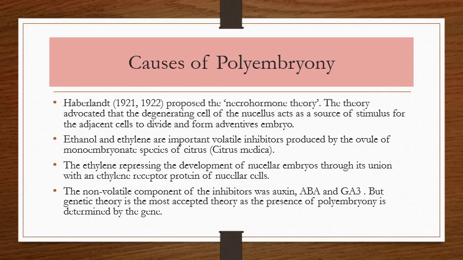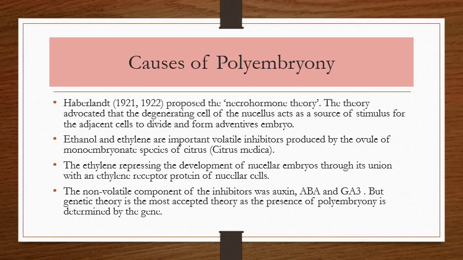The ethylene, among other substances, could be repressing the development of nucellar embryos through its union with an ethylene receptor protein of nucellar cells. The fewer number of adventive embryos on the south side of the trees than on the north side may be due to the more synthesis of ethylene, ethanol, and abscisic acid due to variation in sunlight and temperature.